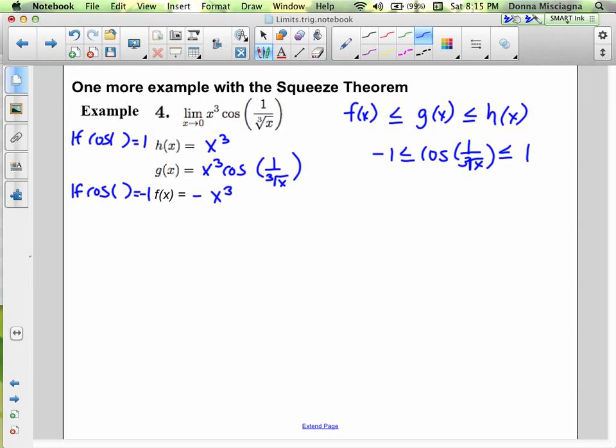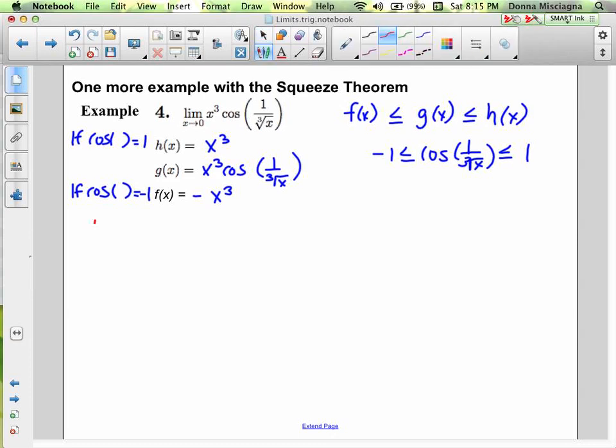And if cosine blop is anything but 1 and negative 1, it's something smaller in absolute value than 1, because cosine blop is sandwiched between 1 and negative 1. And if you multiply something by something whose absolute value is less than 1, it gets smaller, right? So we know g of x here has to be sandwiched in between h of x and f of x. All right, so let's find our limits.